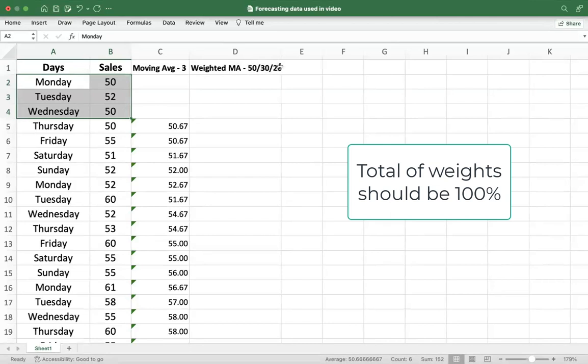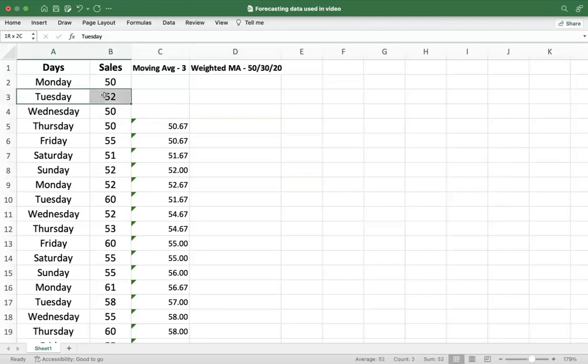The total should be 100, as you can see here. So 50%, 30%, and 20%, and together they should be 100%. Wednesday is latest, so I will give it 50% weightage. Tuesday is a bit old, so I will give it 30% weightage. And Monday is oldest, so I will give it 20% weightage.